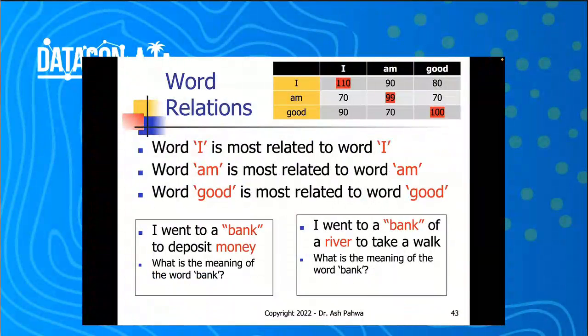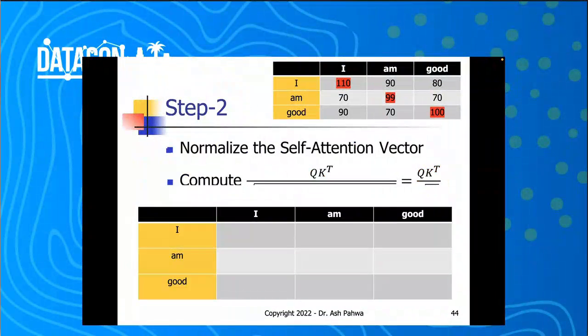We have got 5 more minutes to go, so I'm just going to finish this whole thing very quickly. As you can see, I went to a bank to deposit money, and here, using the self-attention matrix, we can compute these things.